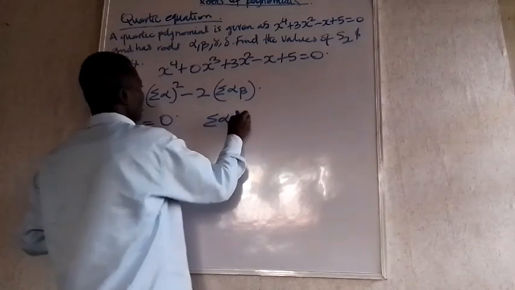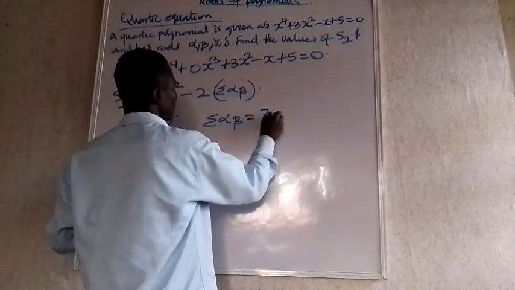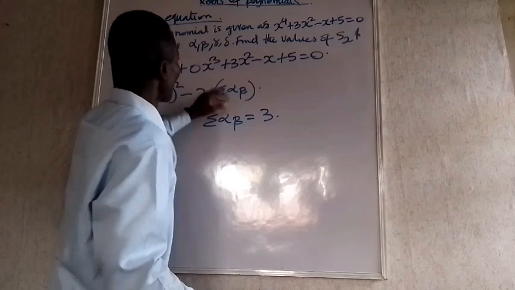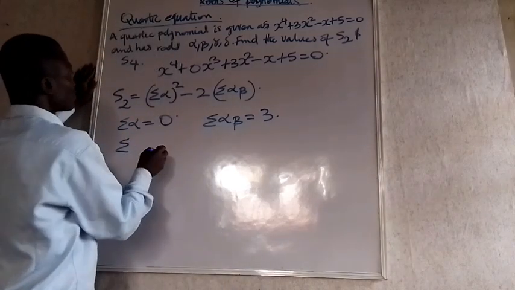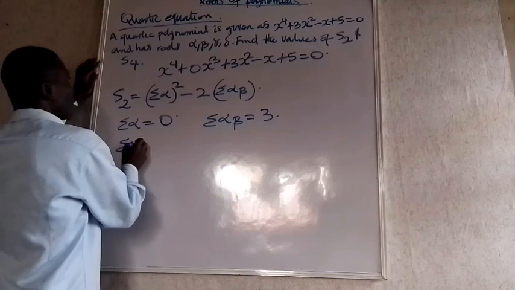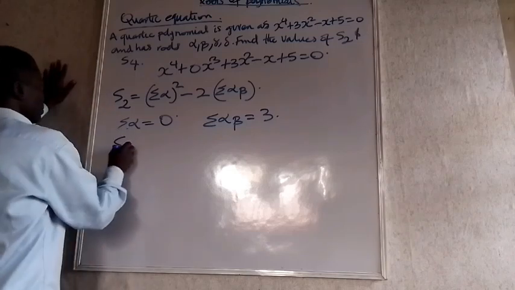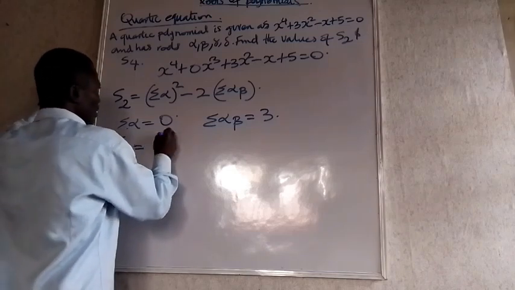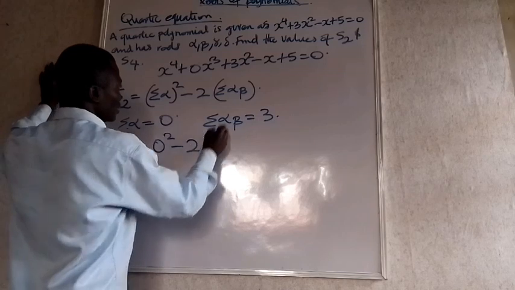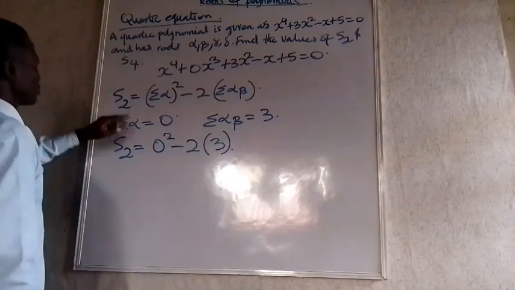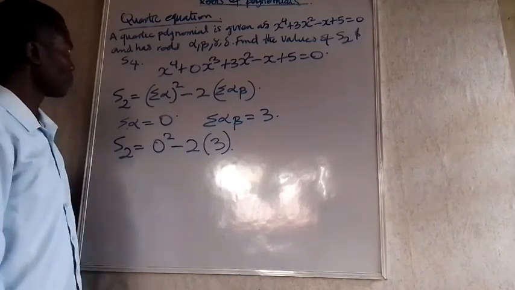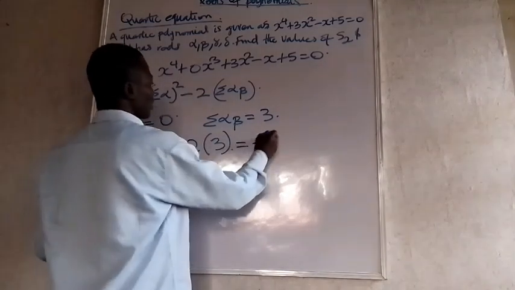Summation alpha beta is equal to 3 over 1. So, therefore, S2 will be equal to 0 squared minus 2 into 3, and that is minus 6.